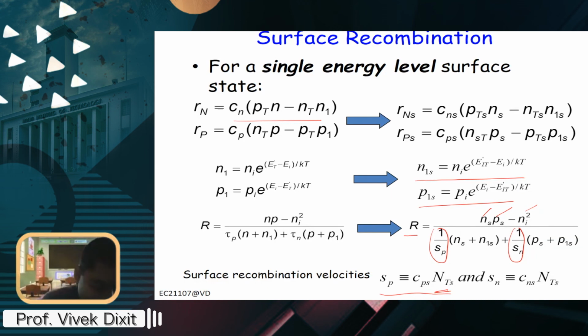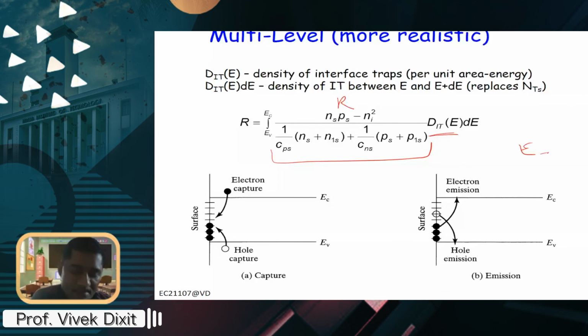And how are you going to calculate the recombination rate? You have this expression for recombination R, multiplied by the density of states, because in the trap you had only one energy level Et, right? Here you have multiple energy levels, so you have the DOS. You have to multiply by the DOS and integrate over energy. That will give you the surface recombination.